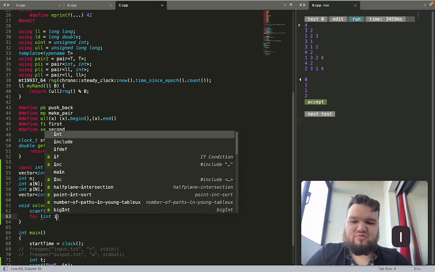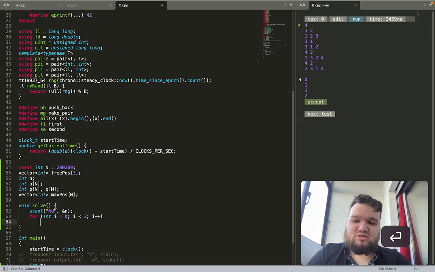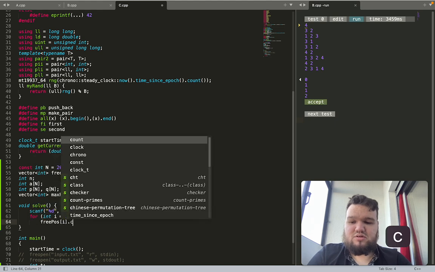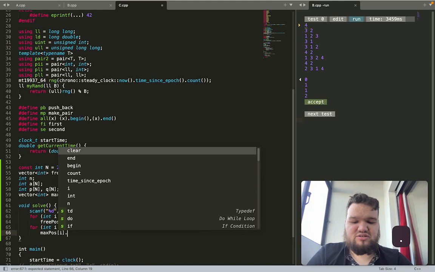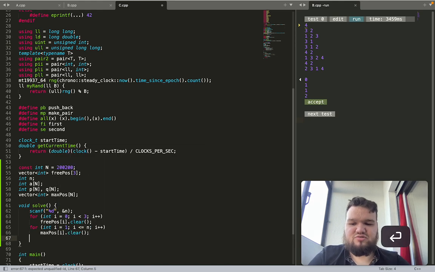We have the same between tests. And for all the numbers, we will store the positions where it is maximum, and we also need to clear that beforehand.